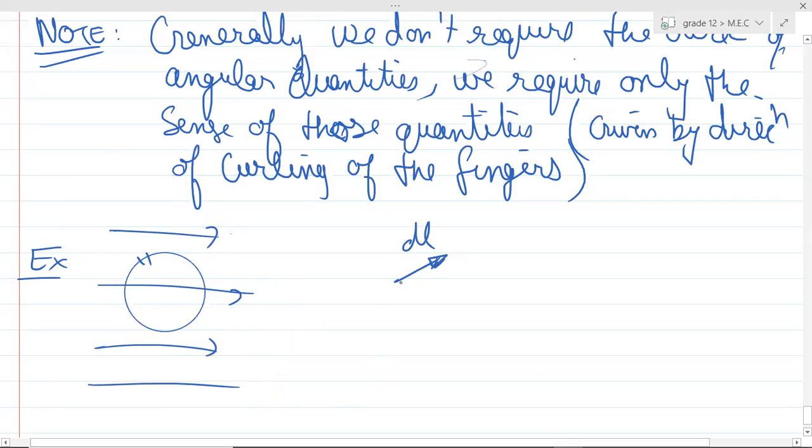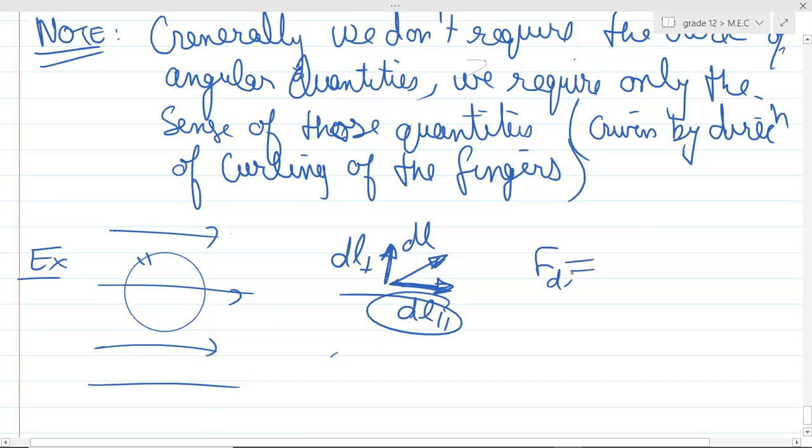The dl vector will have two components, dl parallel and dl perpendicular. Tell me, what is the force on dl parallel? No force. Exactly.